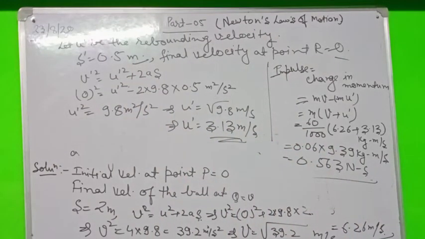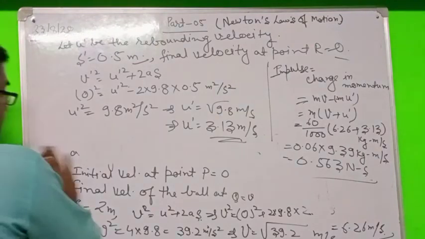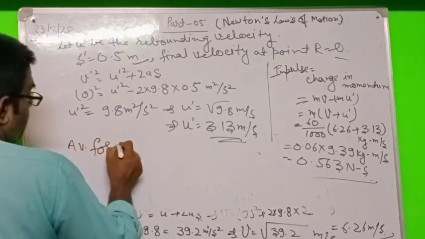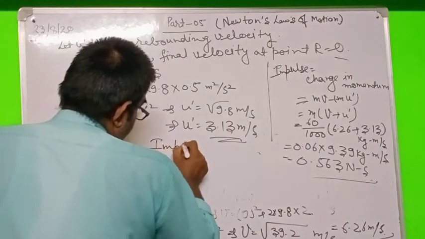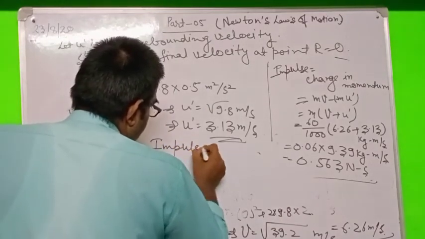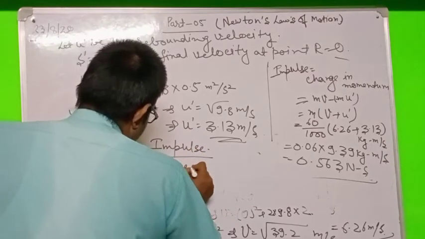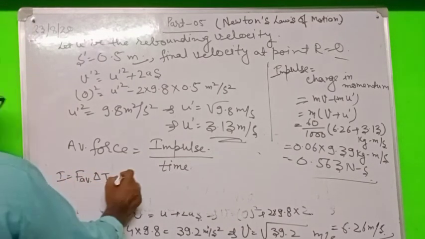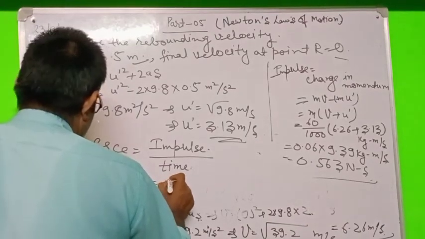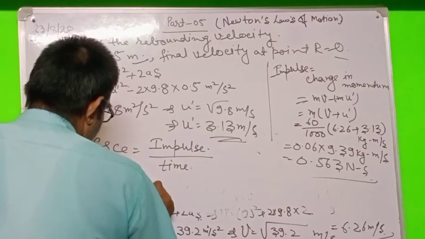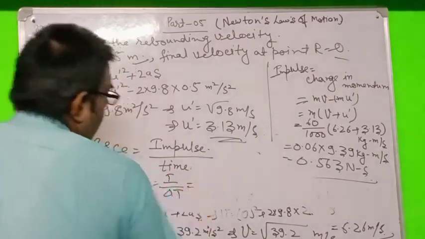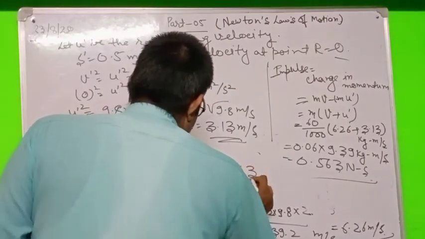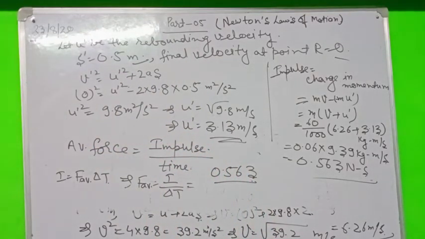Now, average force is equal to impulse upon time, because we write that impulse is equal to F average into delta T. So from here, F average is equal to impulse upon delta T. The impulse we have calculated is 0.563 upon the time, which is equal to 0.2.